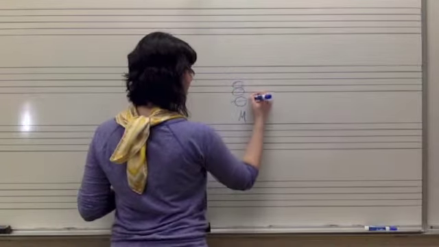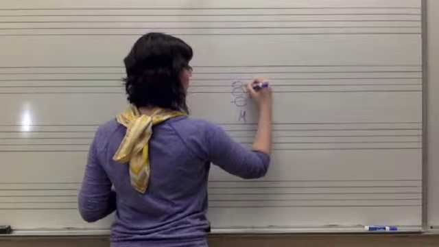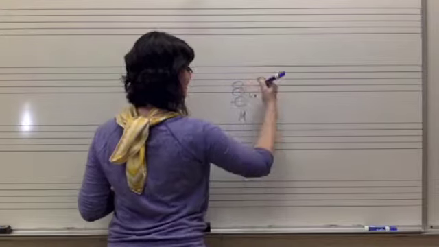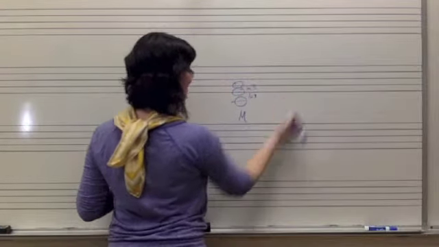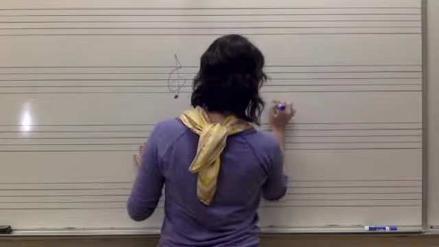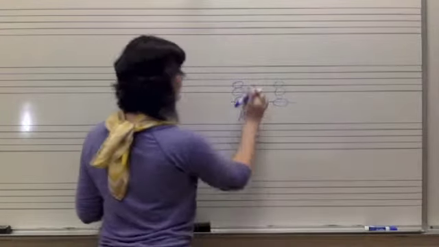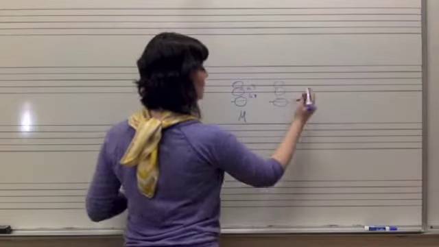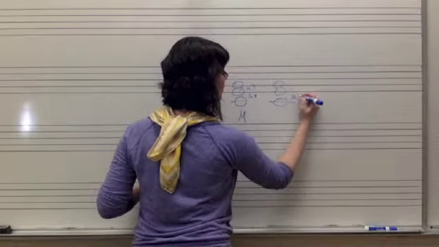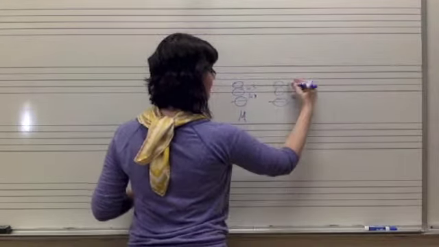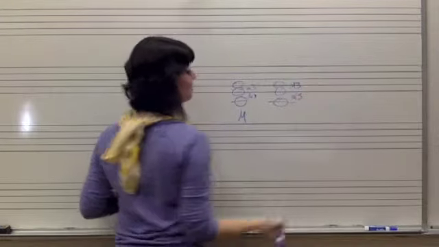Now, if we want to make a minor chord, all we do is lower the third. If we have major third, minor third, and we want to make it a minor chord, all we do is reverse these. So the bottom layer is going to be a minor third, and the top layer is going to be a major third. Now how do we do that?